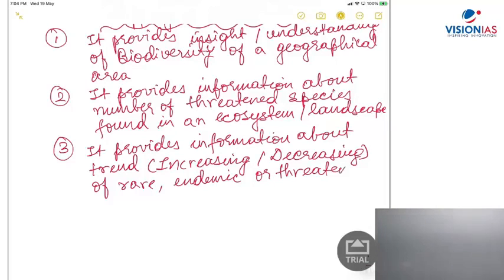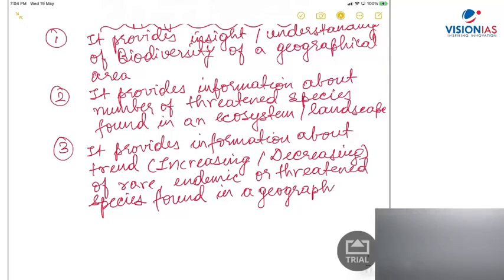That can be plant as well as animal, let's say elephant, tiger, Asiatic lion, rhinoceros, whatever species can be there. That information can be gathered through this method of biodiversity mapping, over an interval of time.